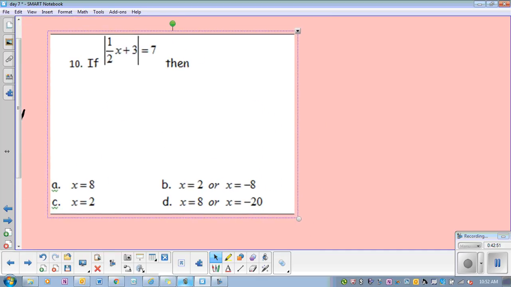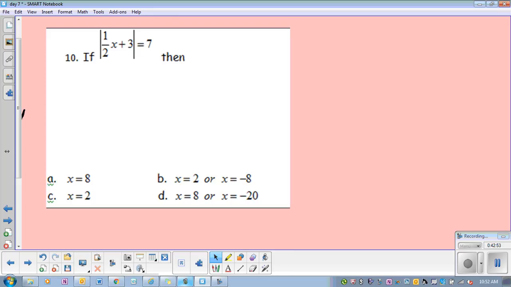All right? Okay, so I'm going to make this a little bit smaller. This is absolute value. All these absolute value problems that you've been doing, how many answers have you been getting? 2. So which answers can you eliminate right off the bat? A and C, because you only have 2 there.